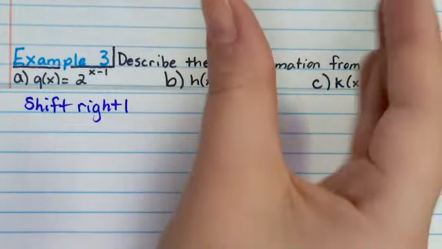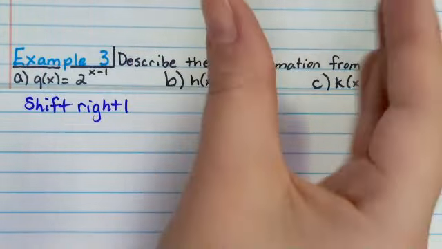So your input is what ends up changing when you reflect across the y. Basically, if your negative is with the x, you've reflected across the y. If your negative was in front of the function, you've reflected across the x. This one's with the x, so we reflect across the y. It's almost kind of backwards in what it feels like. This is the y-axis.